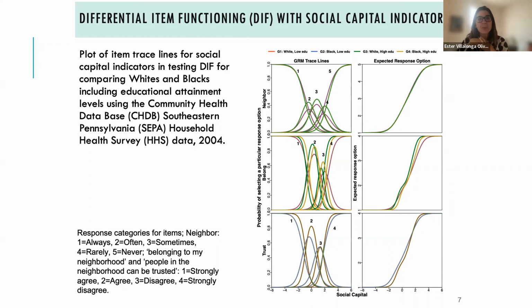I believe this depends on your experiences and what you value in terms of trust. So maybe we are collecting data here in the US and trying to compare blacks' and whites' responses, and maybe these responses are not even comparable.